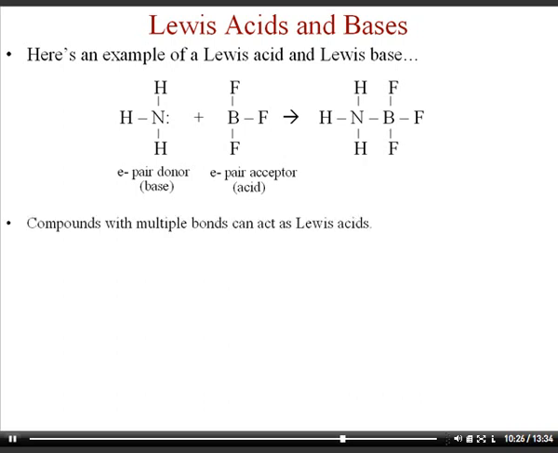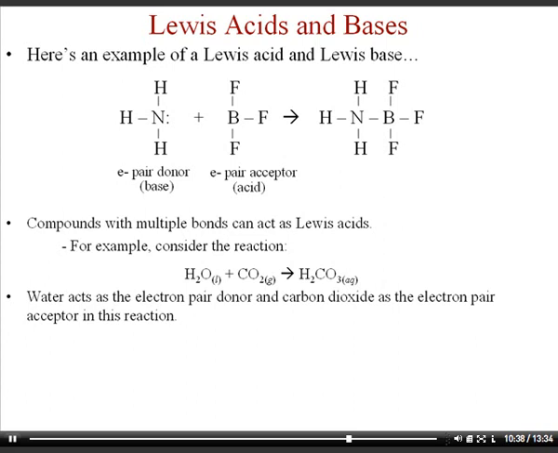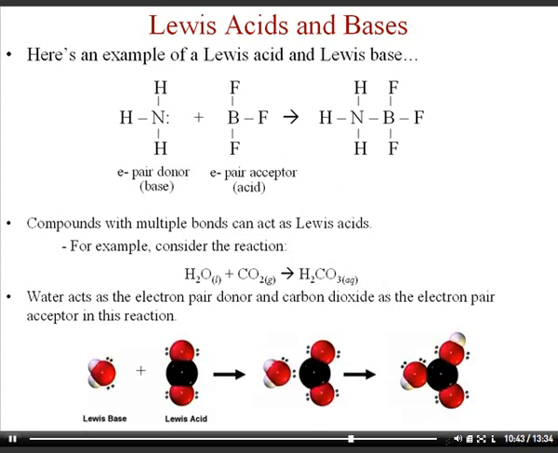Now typically compounds with multiple bonds act as Lewis acids because those double bonds can be broken and you can stick other electron pairs there. So here's an example of another Lewis acid. We have water and carbon dioxide turning into carbonic acid. So if you look at where the electrons come from, water actually donates an electron pair to the carbon. The carbon double bond between the oxygens breaks, and then the electrons drift to the OH group.